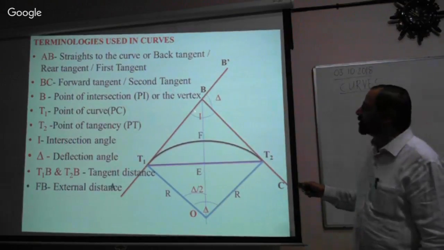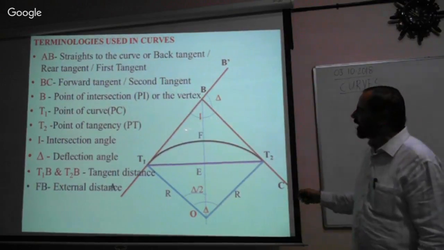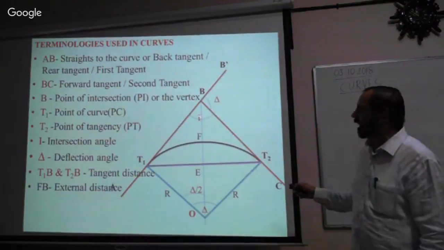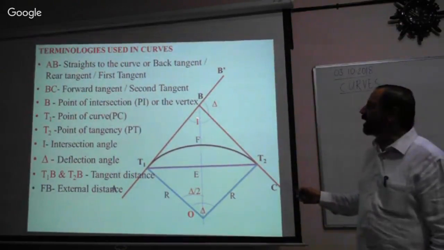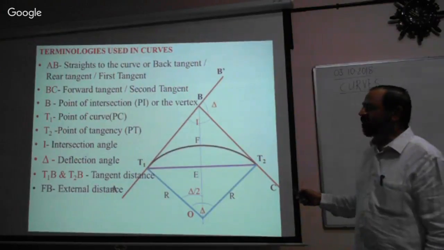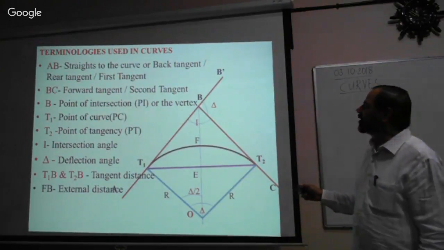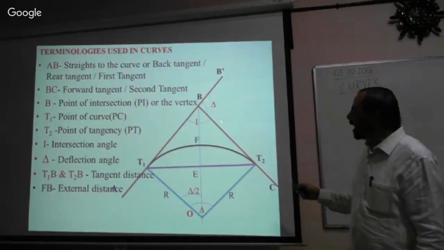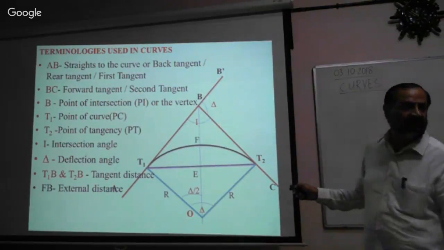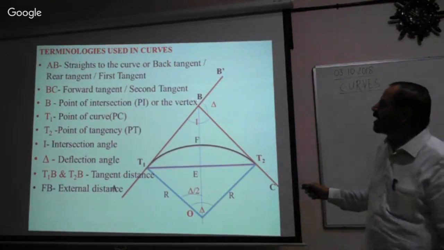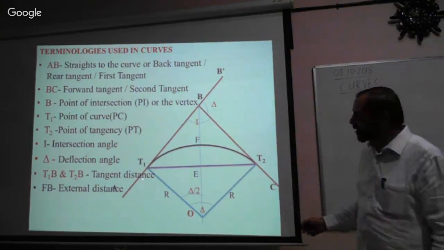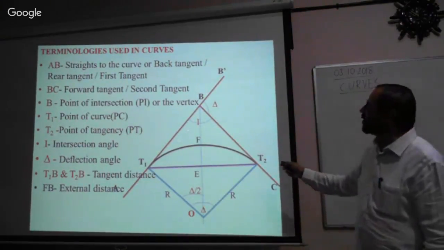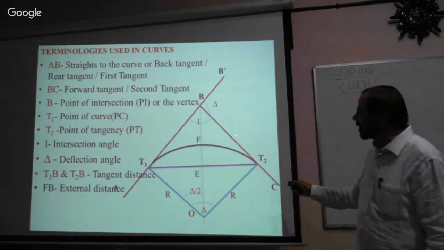The angle subtended by these two lines, AB and BC, that is the interior angle. It is called the intersection angle. This is the intersection angle. Similarly, this is the external angle. This is called the deflection angle. The deflection angle means the straight line AB deflects by an amount delta.